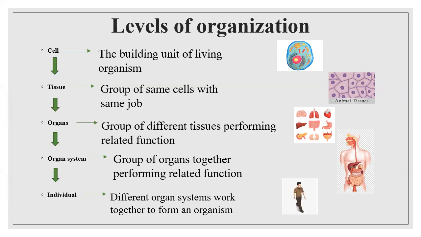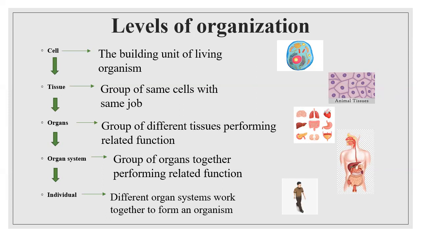And when organs join together, they form an organ system. So an organ system can be defined as a group of organs together performing related functions, such as you can see the digestive system, which has different organs like mouth, esophagus, liver, intestine, etc. When these organ systems join together, they make an individual or a complete organism.